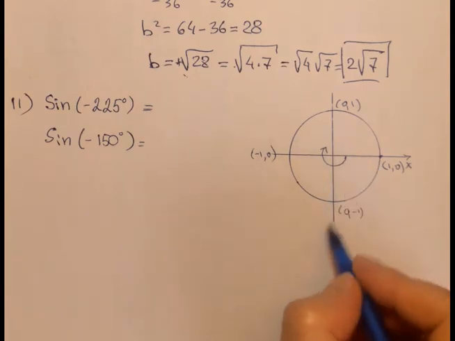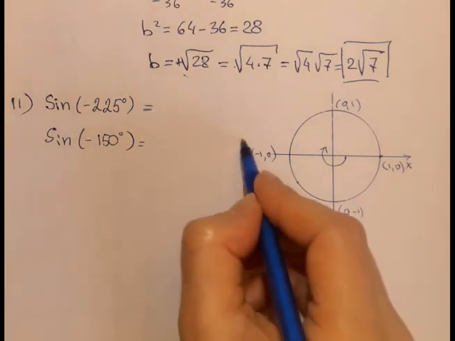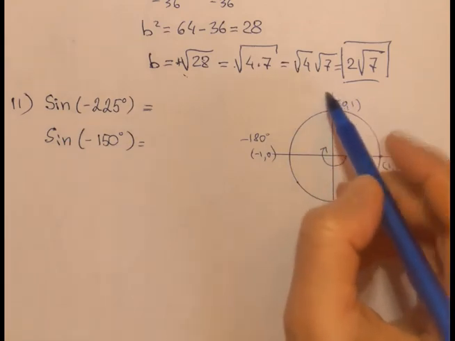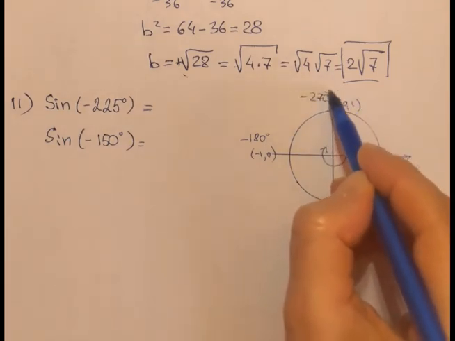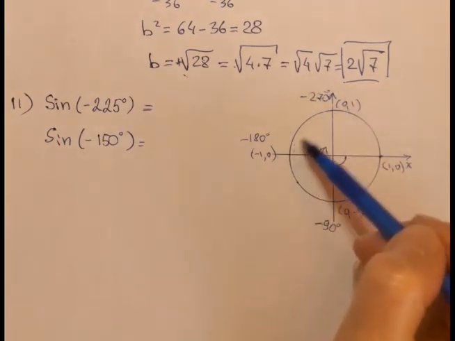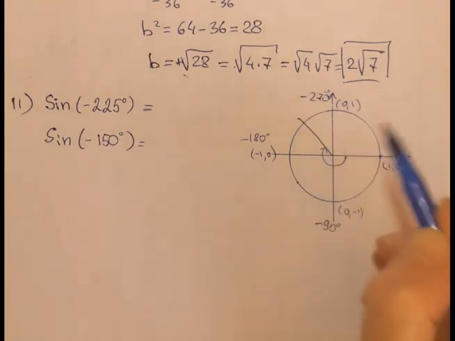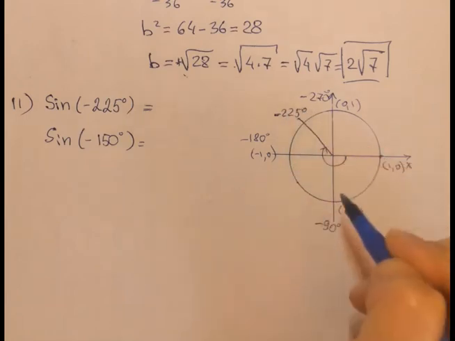Here, at the end of the first quadrant, we will have negative 90 degrees, then negative 180 degrees, and the positive y-axis will be negative 270 degrees. So negative 225 will be in the middle of the second quadrant, negative 225 degrees.